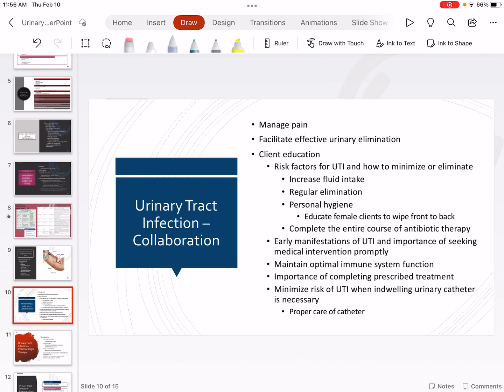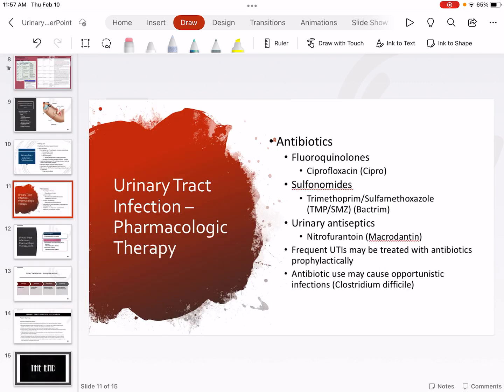So that's what epithelial cells indicate. And then pH, it realistically could be high if someone has a UTI. So that is what you would be looking at in your client's urinalysis.